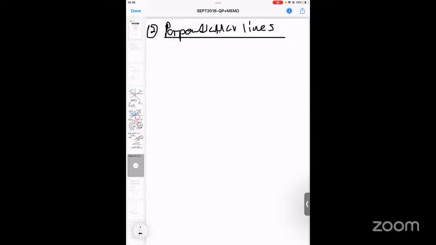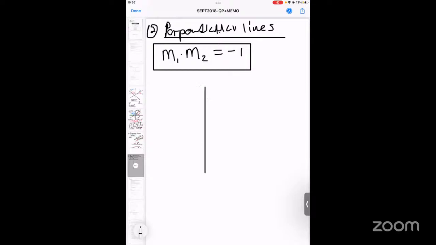So when it comes to perpendicular lines, we say when you take the gradient of line 1 and you multiply it with the gradient of line 2, they must give you -1. They will always give you -1. So an example would be this one where you have a Cartesian plane. Maybe you have a line like that, and then you have another line like that.